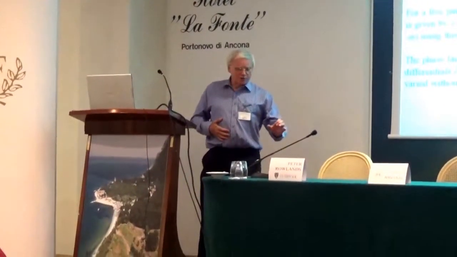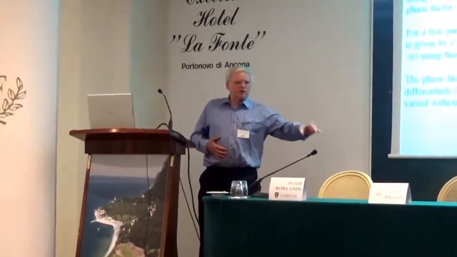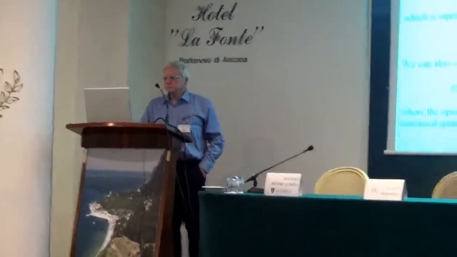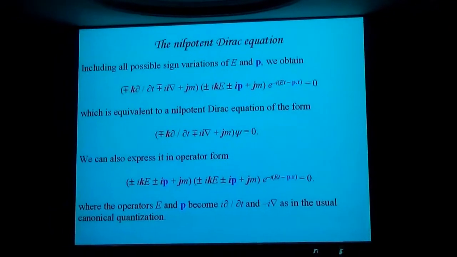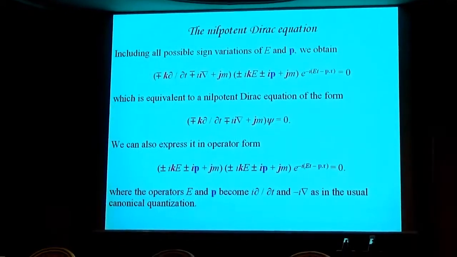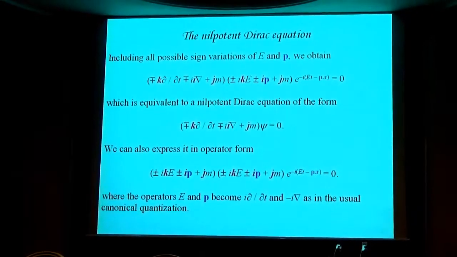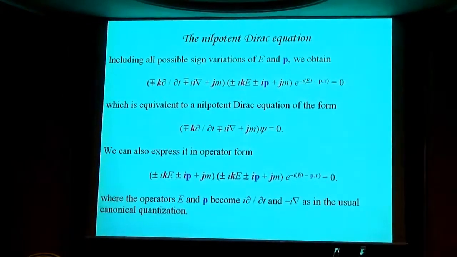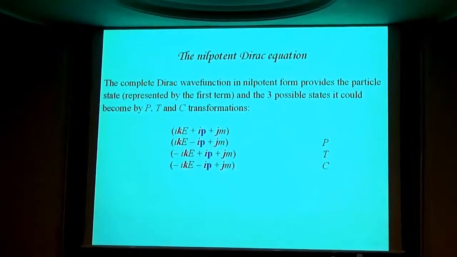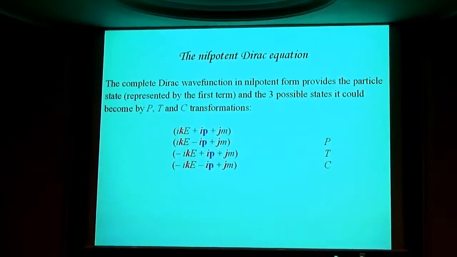Effectively, the operator is something that needs to be decoded to find the answer, and the answer is the second bracket. And so if we include all possible signs of variation of E and p, because they're completely free as plus or minus values, we get 4 expressions, and those are versions of the Dirac equation for a free particle. Now, let me just separate out the 4 terms.